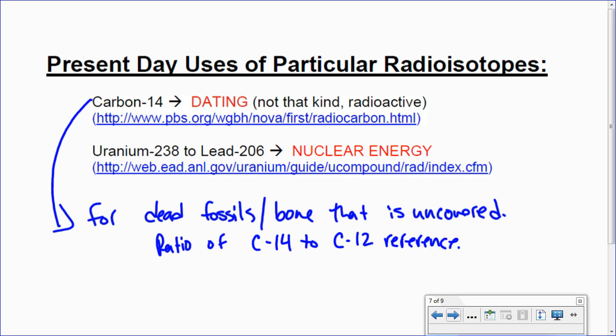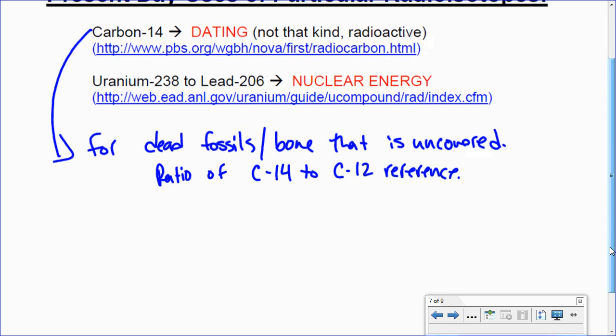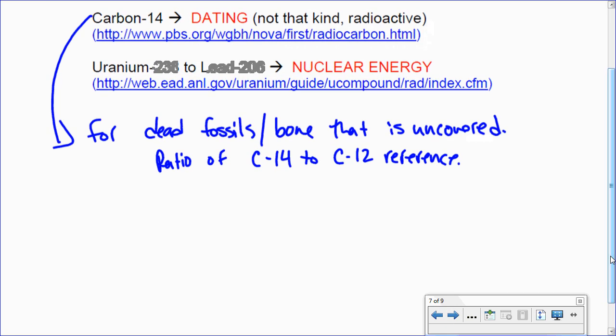It's a reference. You compare the two, carbon-14 to carbon-12, and you can tell how long ago something died, which is useful if you're doing archaeology or discovering things about mummification or any old dead sample that contained organic material.